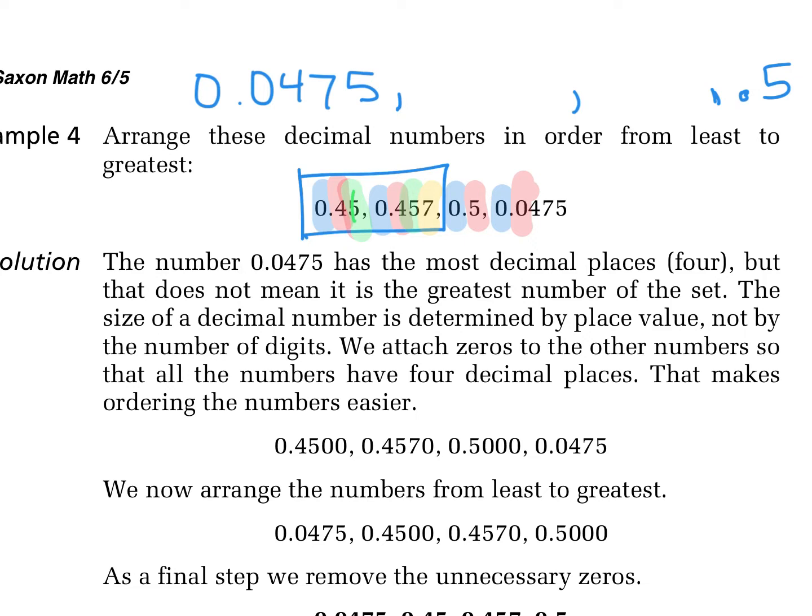So technically in this first one, the thousandths place would be a 0, right? It's just a placeholder, nothing. So when we compare the thousandths place, the 0 and the 7, the 0 would come first. So we now have, oops, nope, that's wrong, sorry.